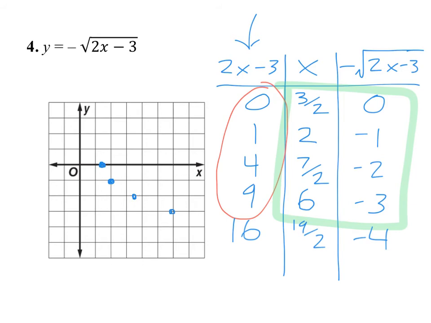So make sure you don't put an arrow on the starting point. Only put an arrow on the other end. These are not lines where they go infinitely in both directions.